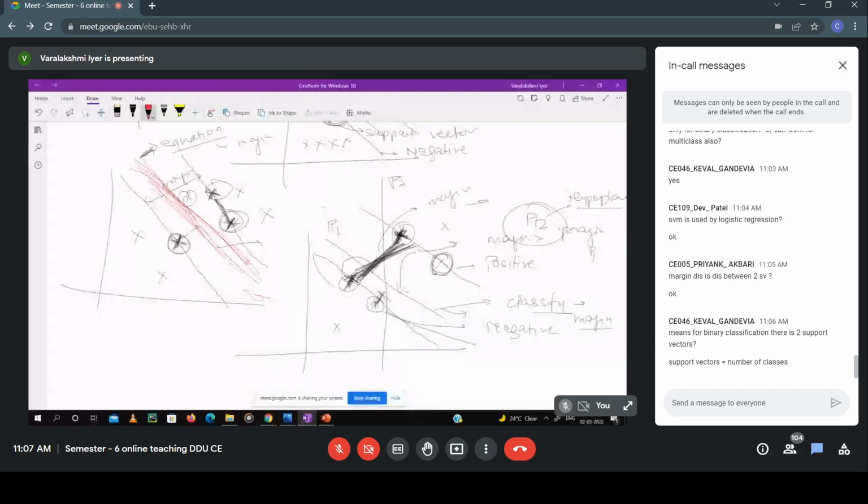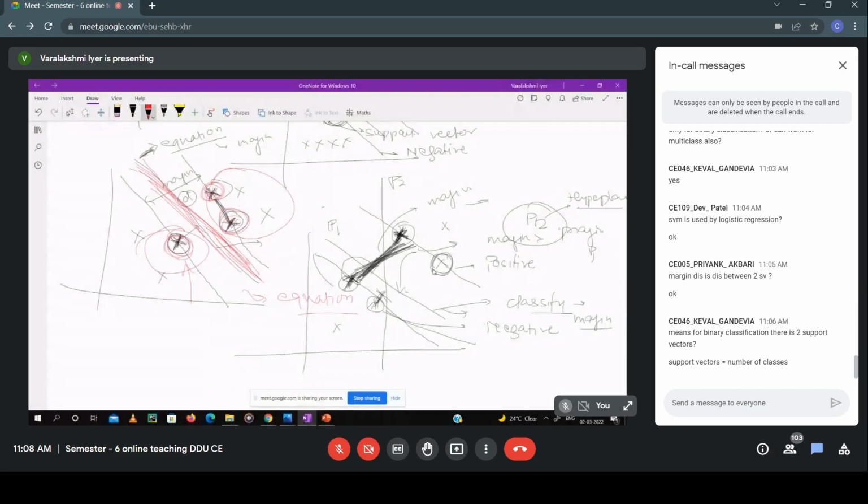These are the data points on the positive side of the hyperplane, and these are the data points on the negative side. Which points are nearest to the hyperplane? On the positive side, these are the 2 points nearest to the hyperplane I have created. Similarly, this is the support vector I have identified on the negative side, which is nearest to the hyperplane.